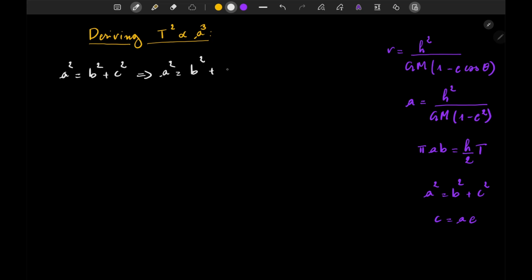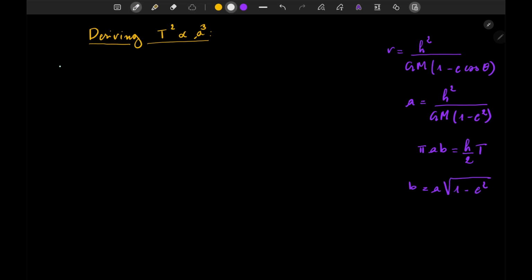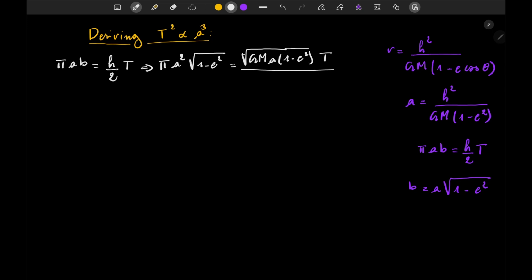In straightforward steps, we get b equals a times the square root of 1 minus e squared. And now we substitute b by its formula in the equation we got from the area. Also, we have an expression that links h and a, so we substitute h by its expression, and by that we get a squared times the square root of 1 minus e squared equals the square root of GM times a times 1 minus e squared times T over 2.